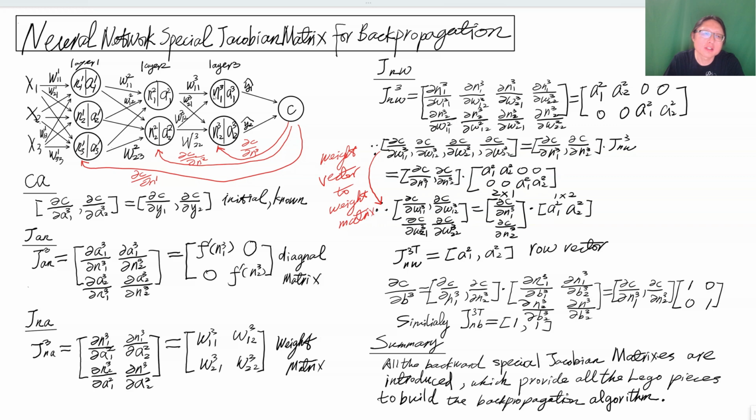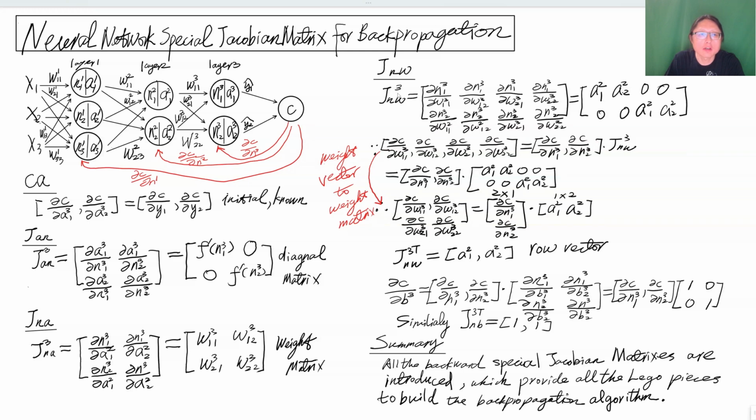Now you think your dependent variable is W. In that case, you can still use a Jacobian matrix to get the partial derivative relationship between n and W. As I mentioned, we just call it Jacobian NW.